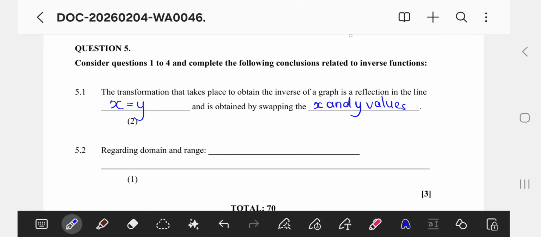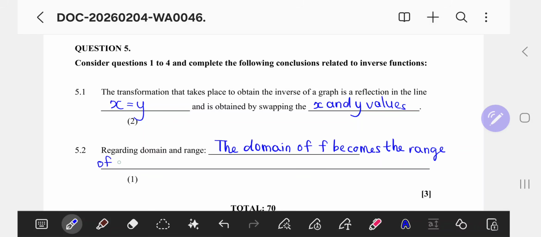Then, regarding domain and range, it's exactly as I mentioned, you guys, that the domain of f becomes the range of f to the minus 1, and the range of f becomes the domain of f to the minus 1.